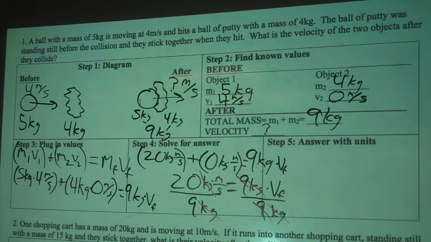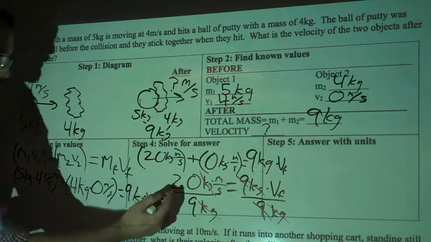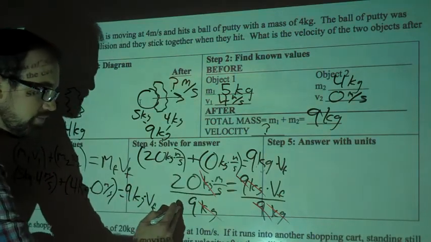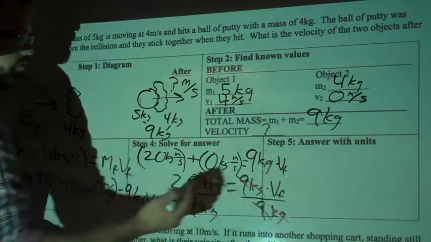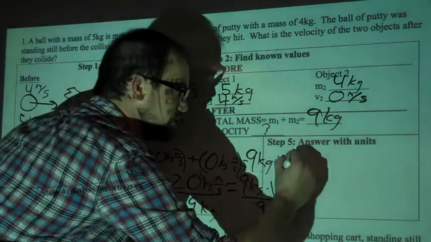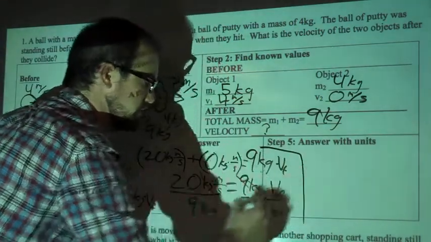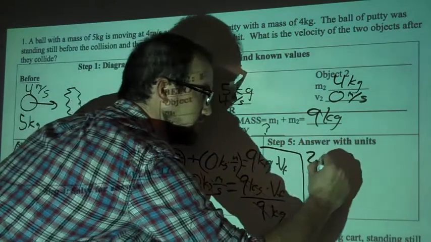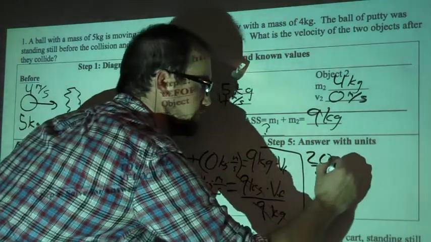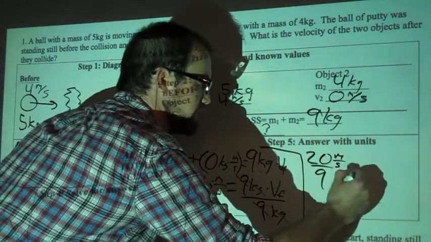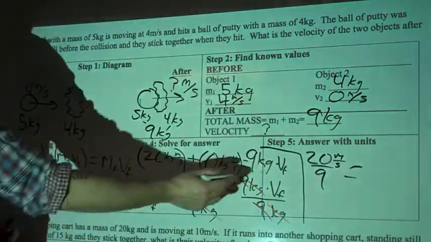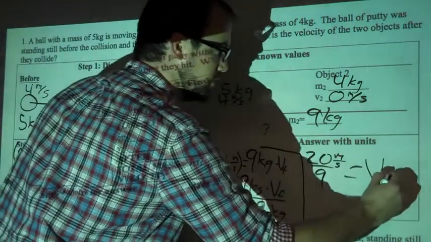So now I'm just left with, and I'm going to rewrite it over here where it says answer. So I'm left with on this side 20 divided by 9. And on this side there's only one thing left, which is the VF. I'm going to make a box here so this is separated out. So 20 divided by 9, and it's meters per second, mind you, equals VF.